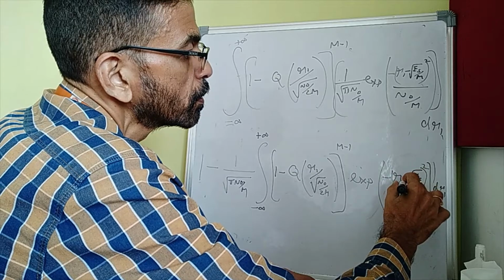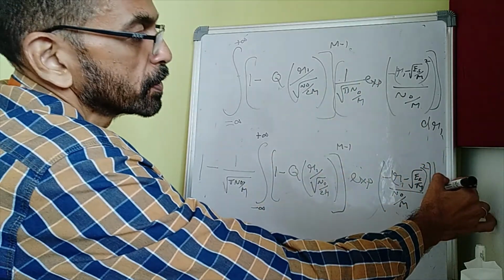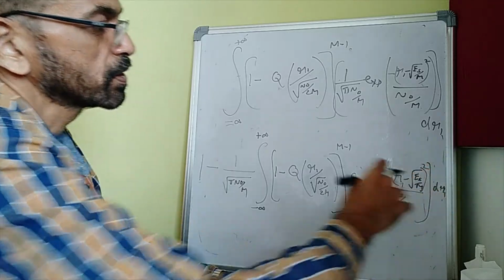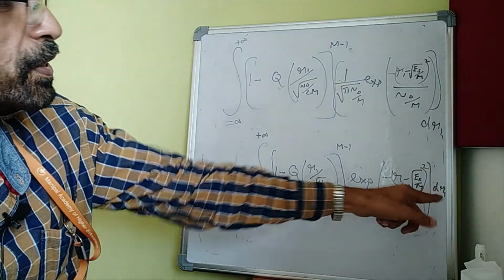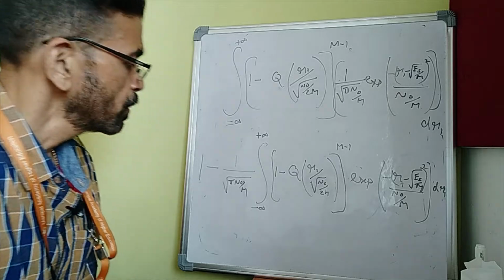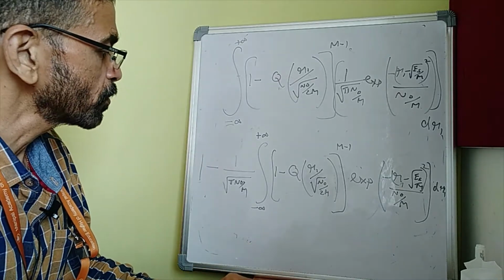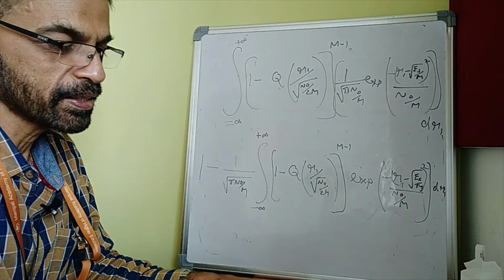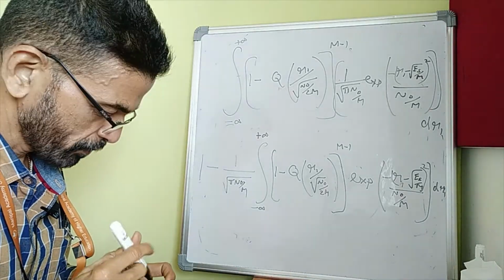There is a dr1 here, space constraint is there, so I just wrote it at the edge. So this is the probability of the receiver making an error in detecting the symbol S0T.